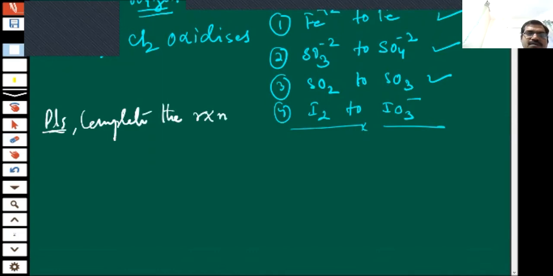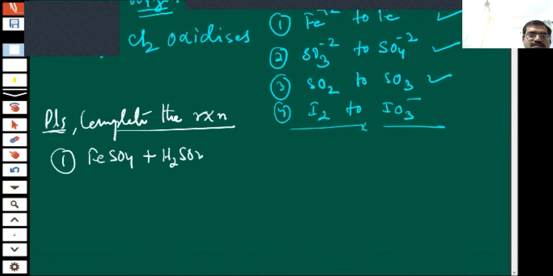Number 1, FeSO4 plus H2SO4, acidic medium. You know in acidic medium the oxidation process occurs readily. So please complete the reaction.